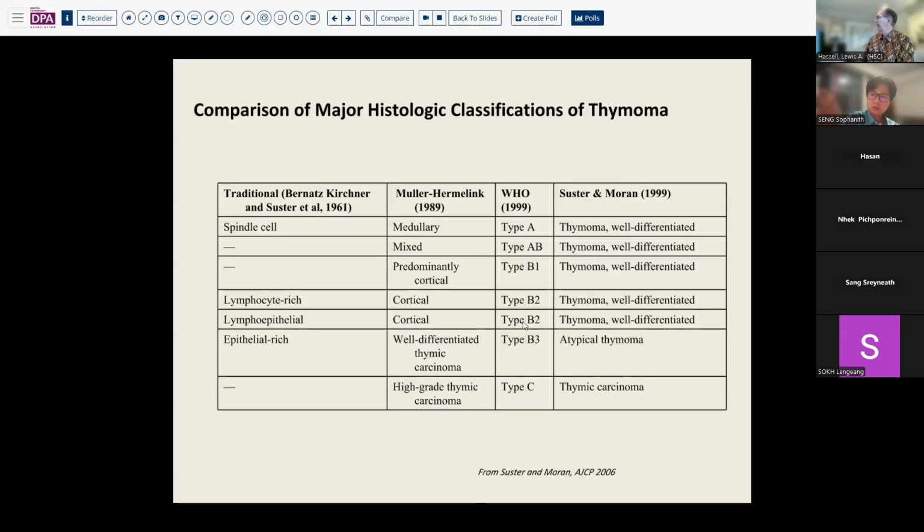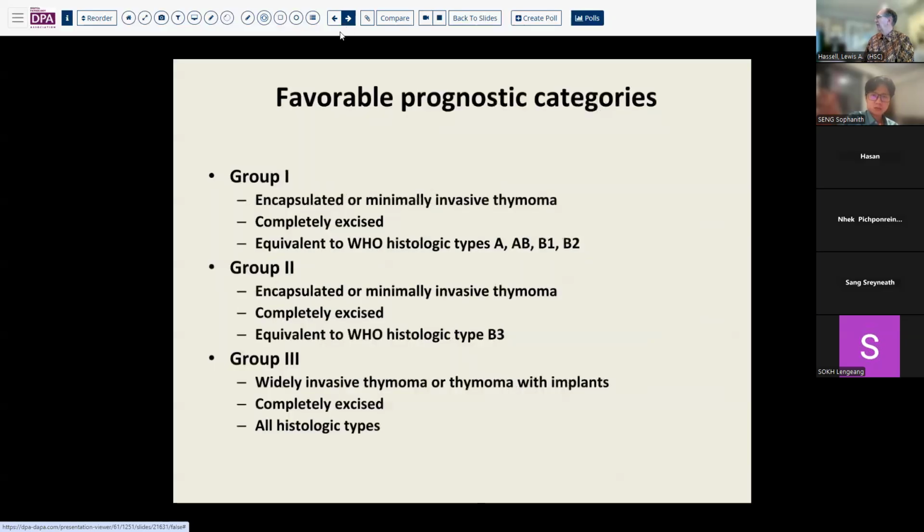And then only drew the line here at B3 and type C. And the reasoning behind that is highlighted in these prognostic categories, which can include all of these 4 types with very good outcomes.